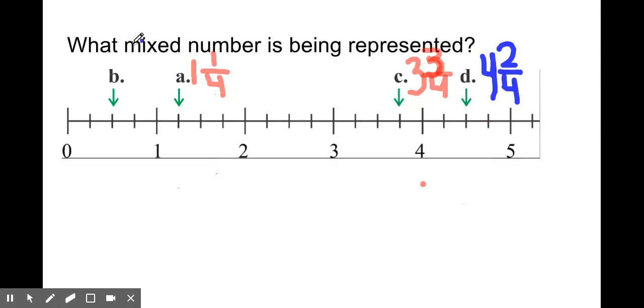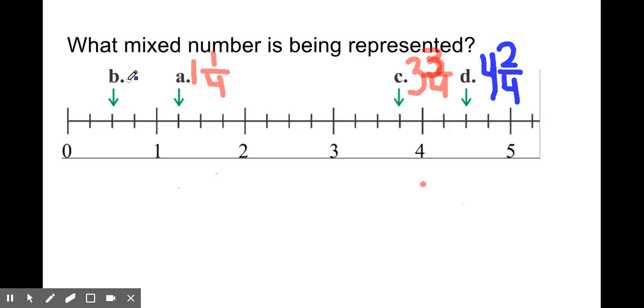Let's go back over here to B, because B is the toughie here. How many wholes are represented? It didn't even make it to 1 whole. So in this letter B, there is no whole number represented because it's less than 1. Okay, so I'm not going to have a whole number like here and here and here. This is not a mixed number.